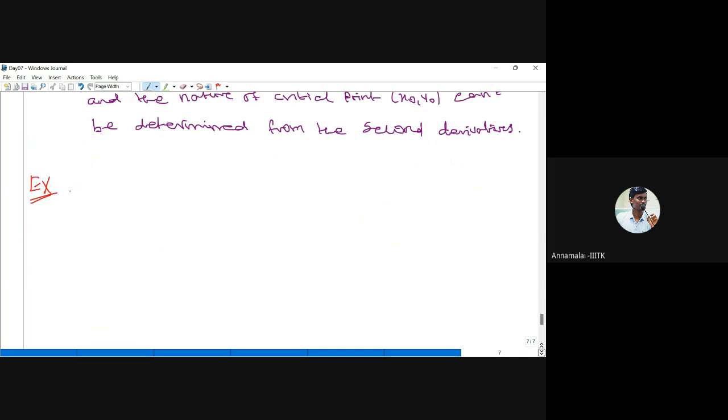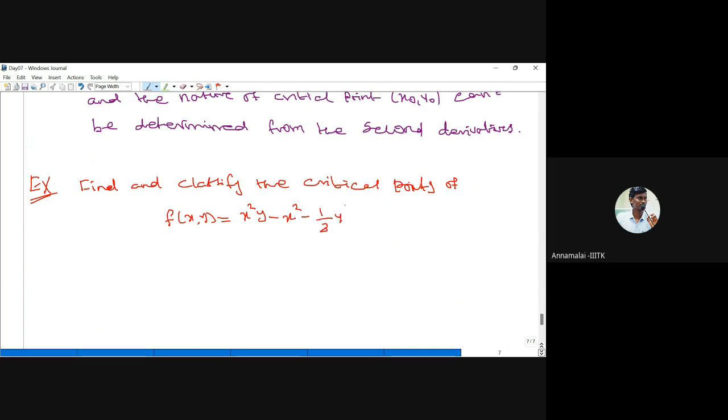Find and classify the critical points of the function f of x comma y equal to x square y minus x square minus 1 by 3 y cube.